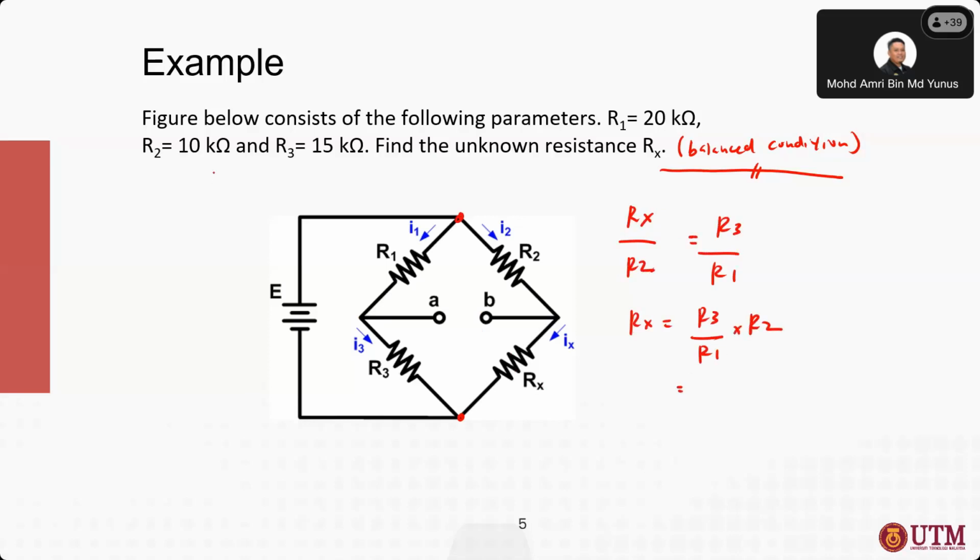So R3 is 50K divided by R1, 20K, multiplied by R2, 10K. Therefore, we get 7.5 kilo ohms. So Rx is equivalent to 7.5 kilo ohms.